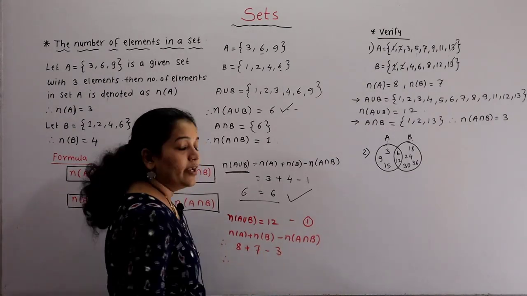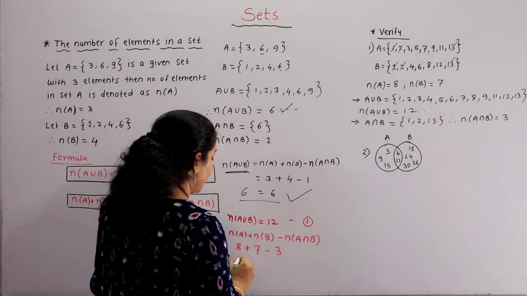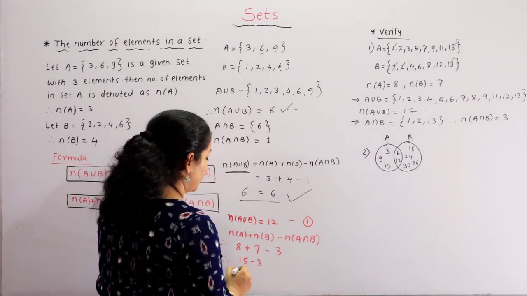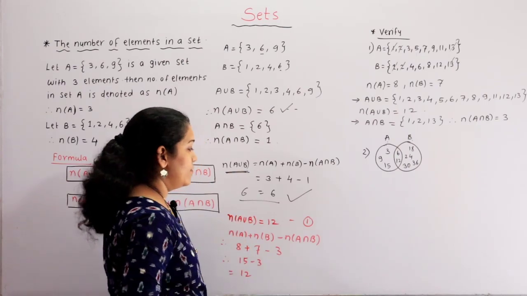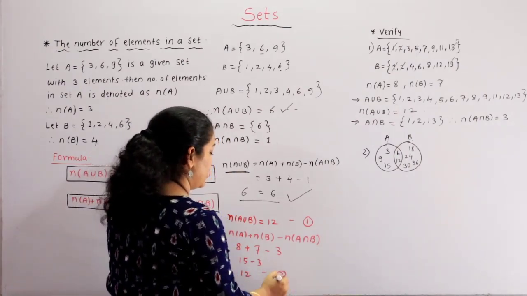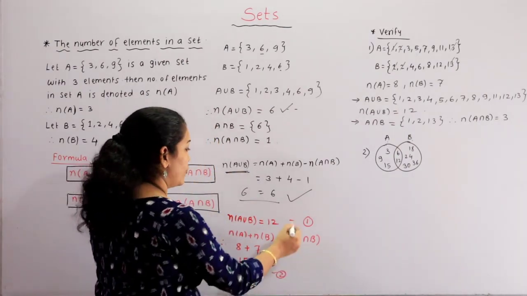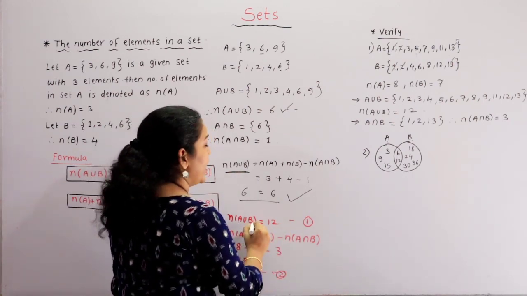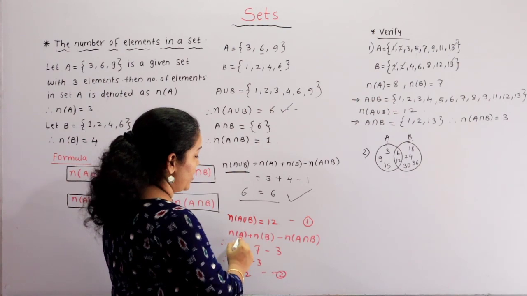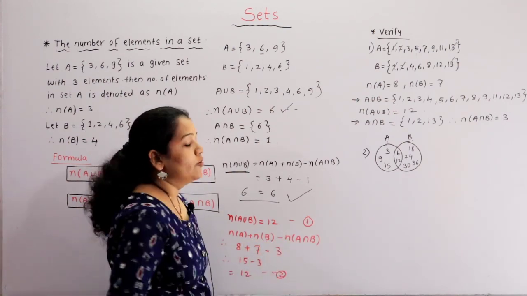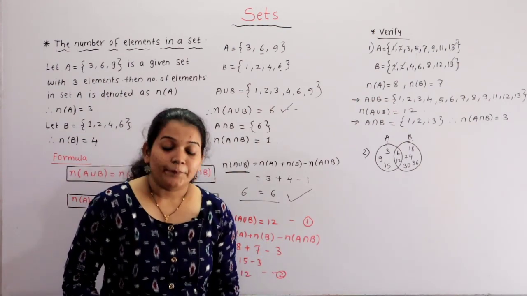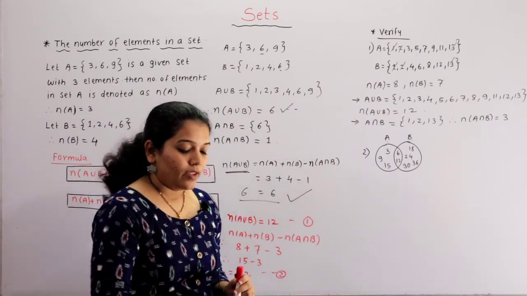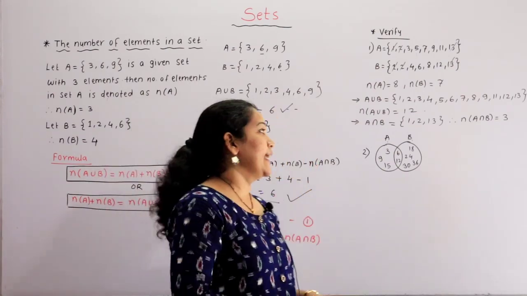So 8 plus 7, 15 minus 3, which is equal to how much? 12. So write it as equation 2. So from 1 and 2 you can say that n of a union b is equal to n of a plus n of b minus n of a intersection b. Is it clear to you, students? Okay. Now we will see the second example.